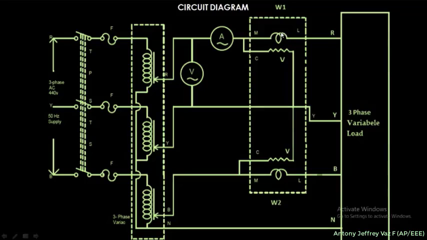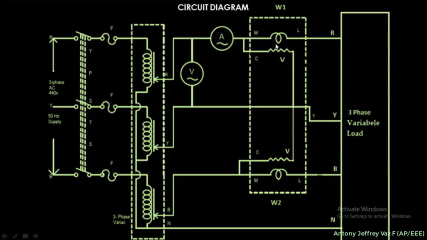Instead of using a single wattmeter, we need two wattmeters, because if we use a single wattmeter, you cannot measure the power accurately and it will give a false reading. To measure the power correctly, you always use the two wattmeter method in alternating circuits to measure the three-phase power.